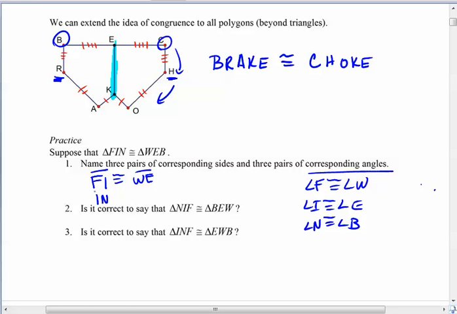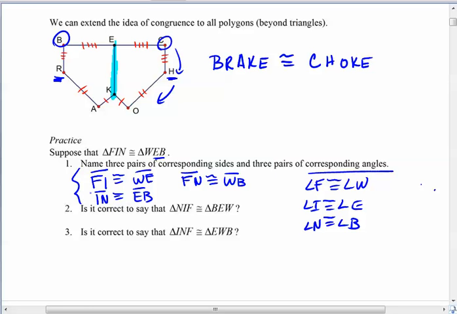That would be I and N, and that must be congruent to the second and third letter in triangle WEB, which is EB. And then finally, we'll take F and N, the first and the last, which would correspond to W and B, the first and the last.